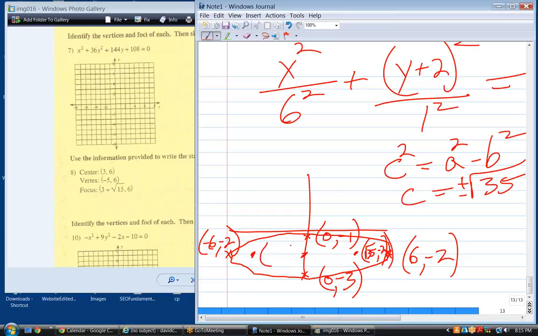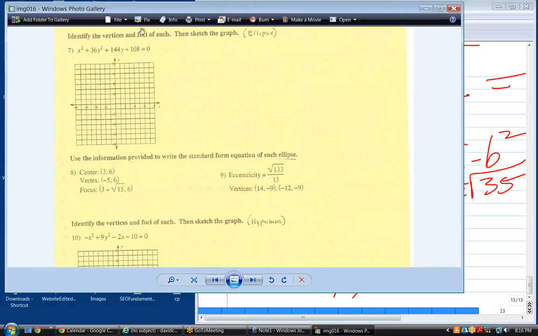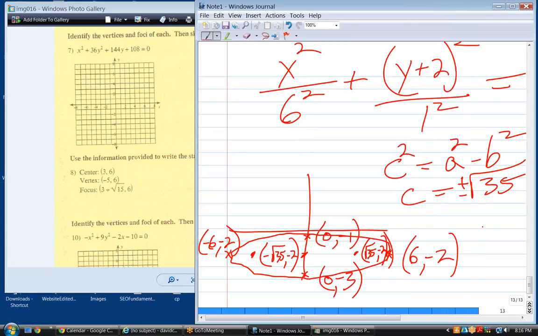What's the coordinate of this focus? Minus root 35, minus 2. And there you have it. In other words, we have everything they asked for. We have the vertices identified, all four of them. We have both foci, and we can sketch it.